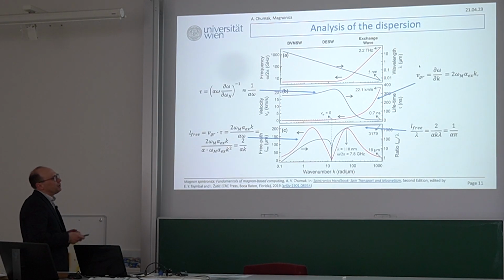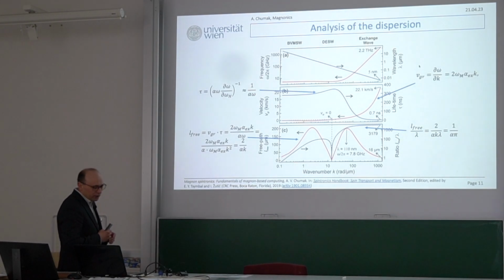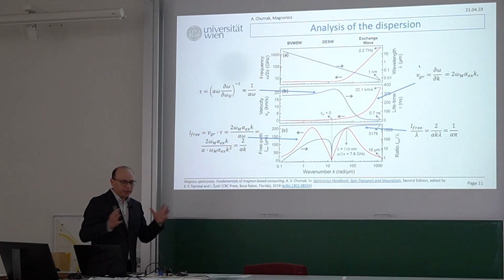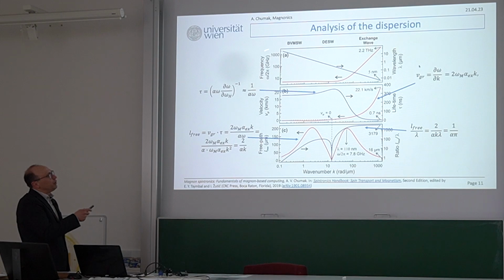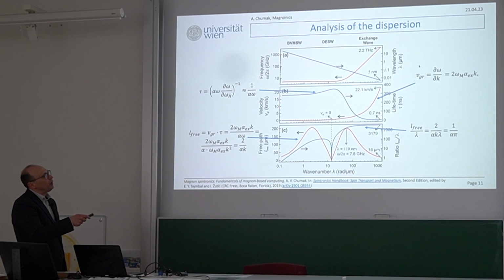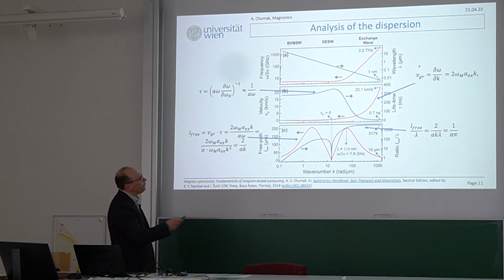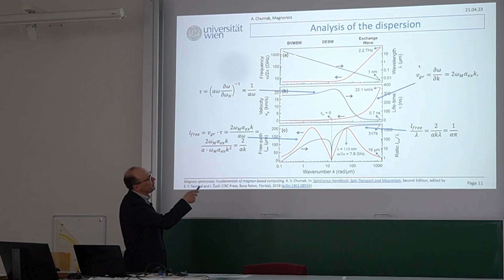It was calculated using the Kalinikos-Slavin approach, which takes into account both waves. What is plotted here is dispersion, frequency versus wave number, but on a log-log scale. You see here is the logarithm, and I go down to 5 nanometer wavelengths. This blue is just the wavelengths, to give us some values.